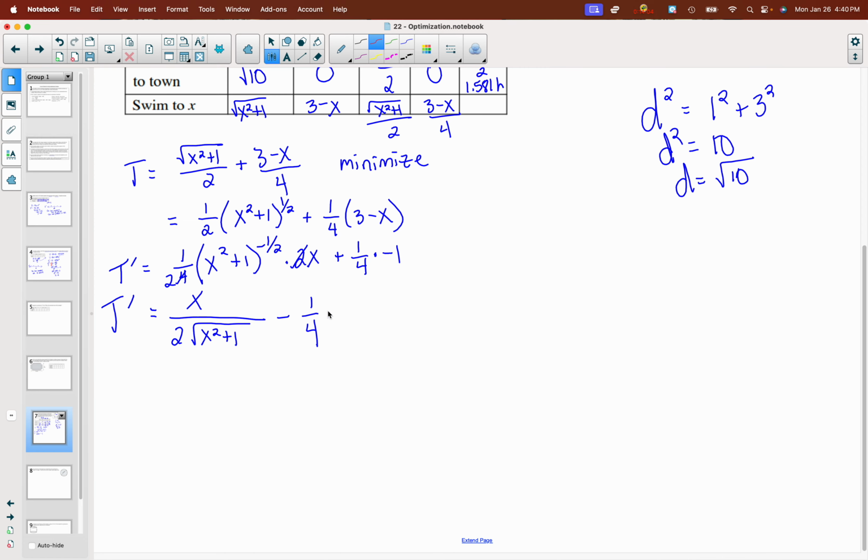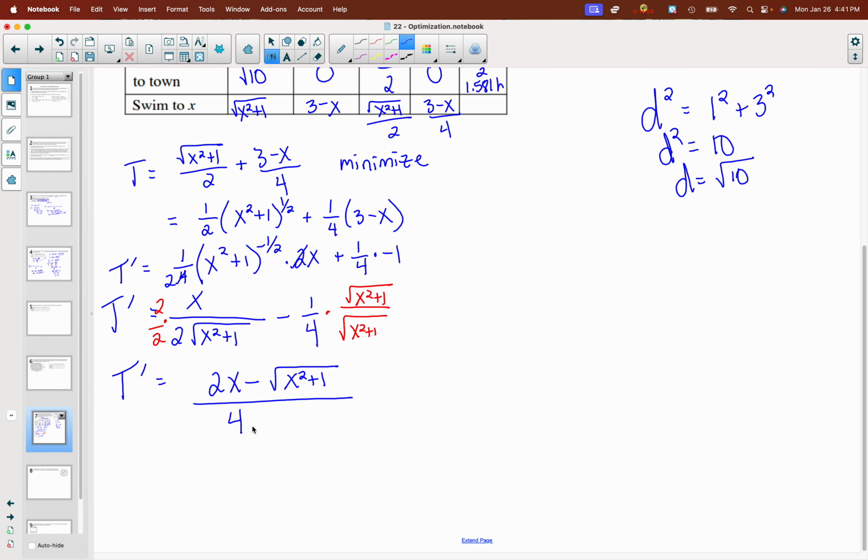So I'm going to multiply this side by the square root of x squared plus 1 over the square root of x squared plus 1. And this side by 2 over 2. I guess I didn't need to cancel that 2 there. And we've got 2x minus the square root of x squared plus 1 in the numerator.